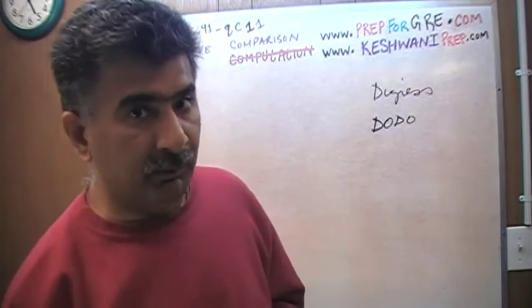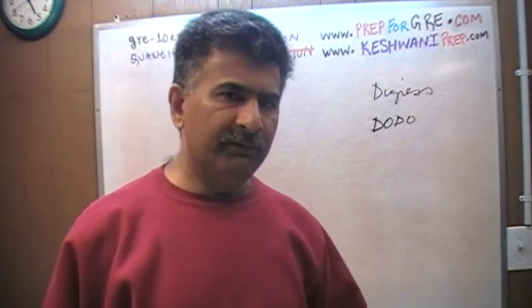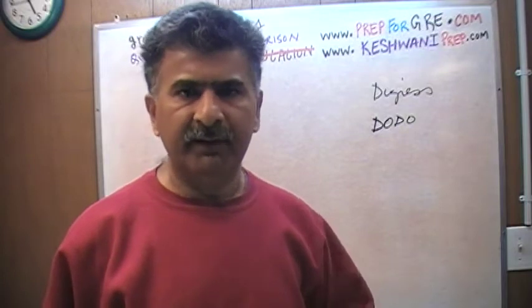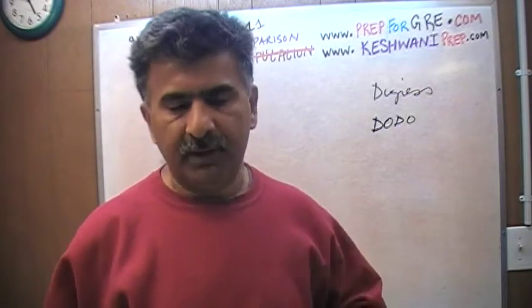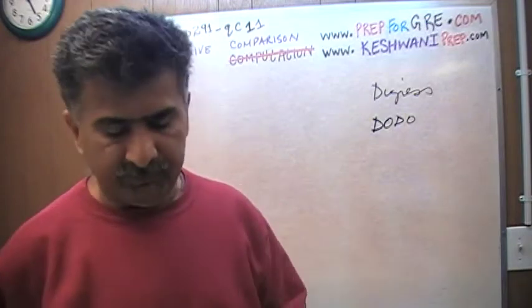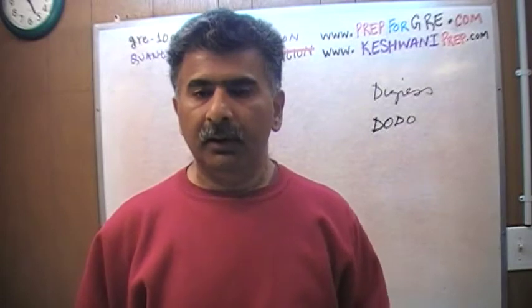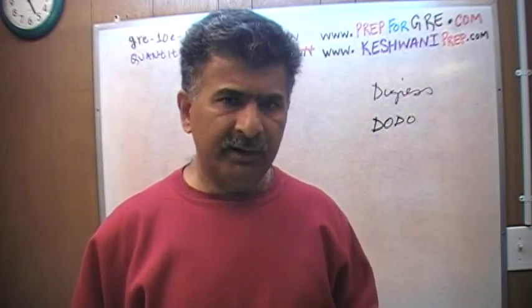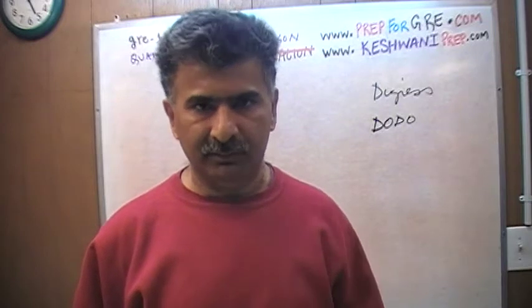The digression that I'm about to make, there's a word that has appeared in the exam, the antonym of extinct. I don't know why it comes to my mind right now, but I'm solving a math problem. It's nothing to do with this, and hence the digression. Do you know the antonym of extinct? Extinct, of course, you know what that means. Therefore, the antonym would have to mean something that still exists.